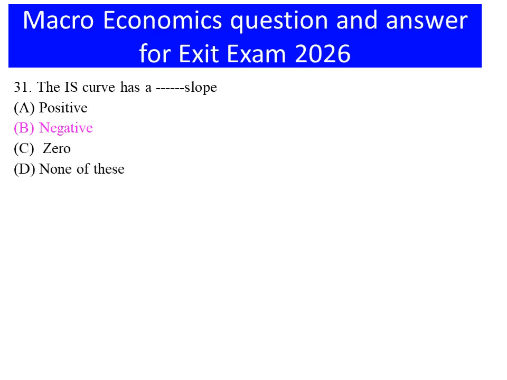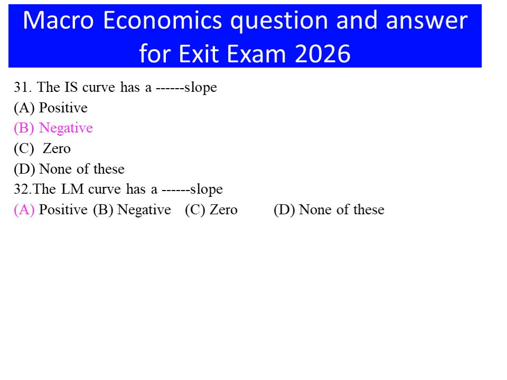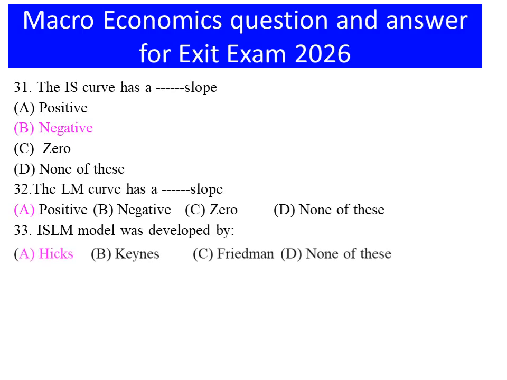A, velocity of circulation of money is constant. B, the volume of transactions is constant. C, full employment. D, P is considered an active factor. The answer is D. P is not considered an active factor; rather, it is a passive factor.